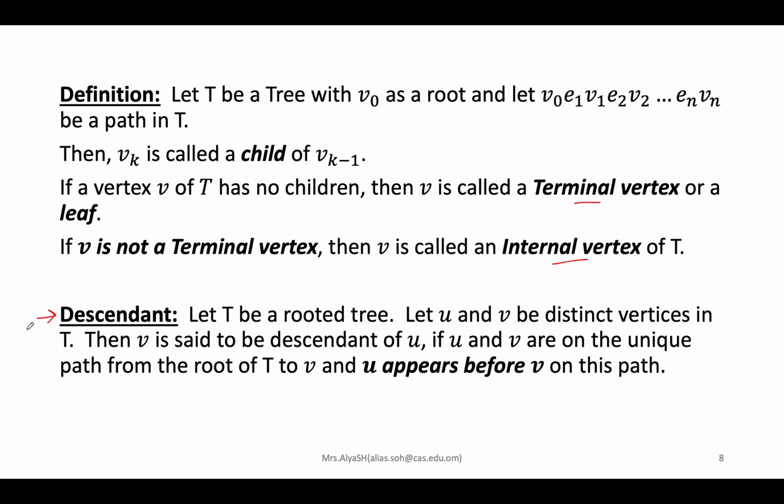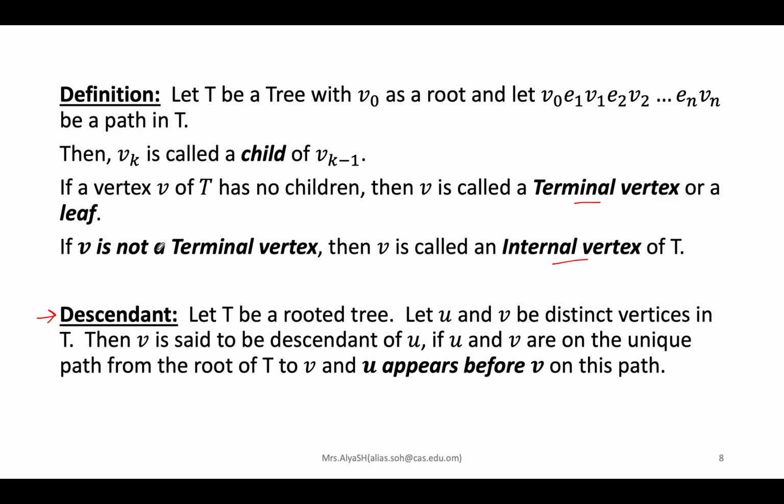We've got the terminology descendant. Now, if T is a rooted tree, and U and V are distinct vertices in T, then V is said to be a descendant of U if U and V are on the unique path from the root of T to V, and U appears before V on this path.